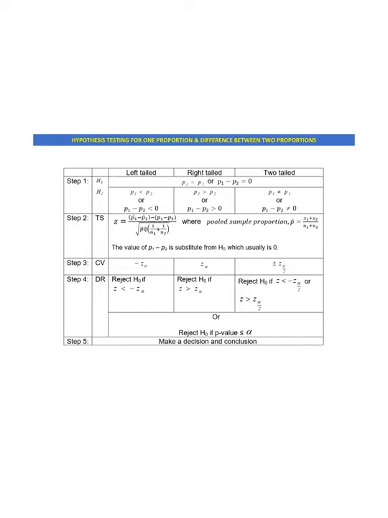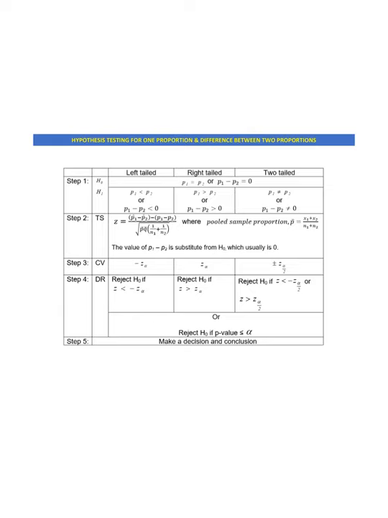And then the third step is to define the critical value. Again, for the left tail we use negative Z alpha, right tail Z alpha, and the two tail plus or minus Z alpha over 2. For the decision rule, for the left tail, reject H naught if Z is less than negative Z alpha. For the right tail, reject H naught if Z is greater than Z alpha.